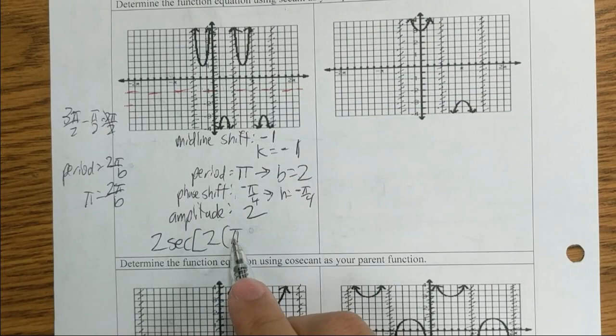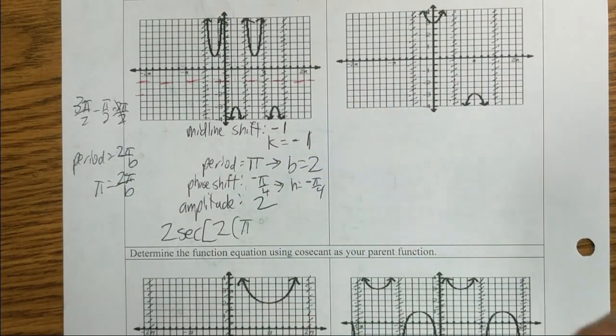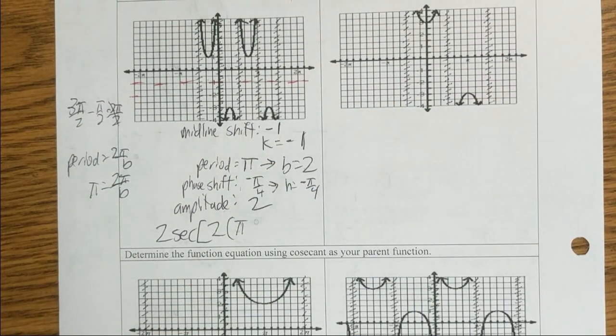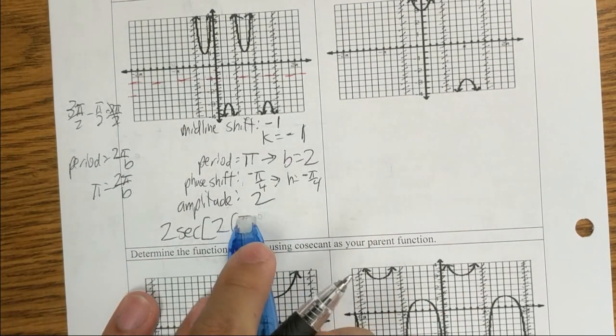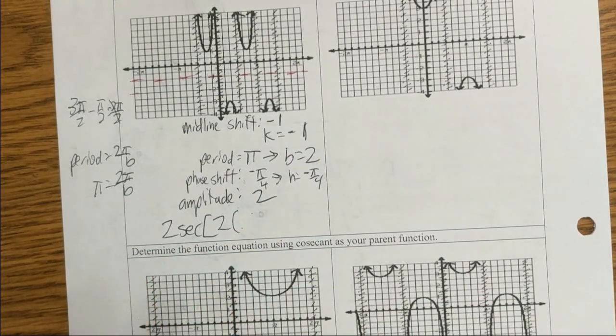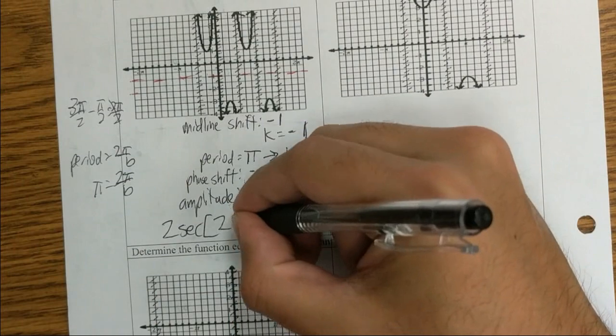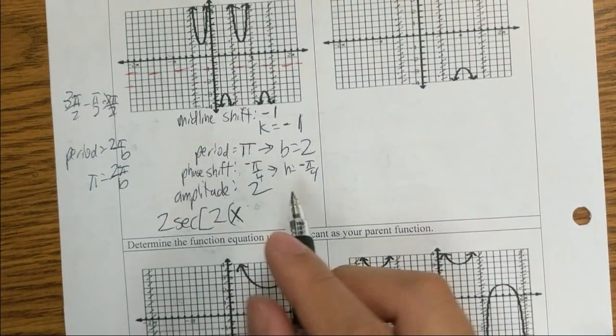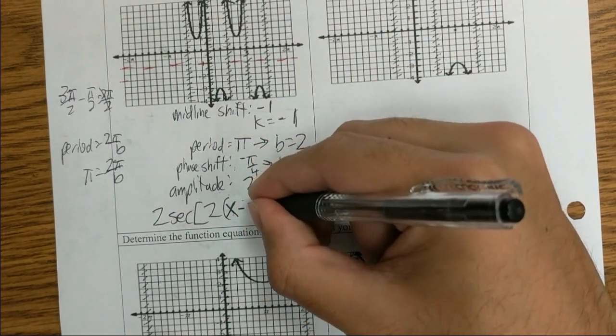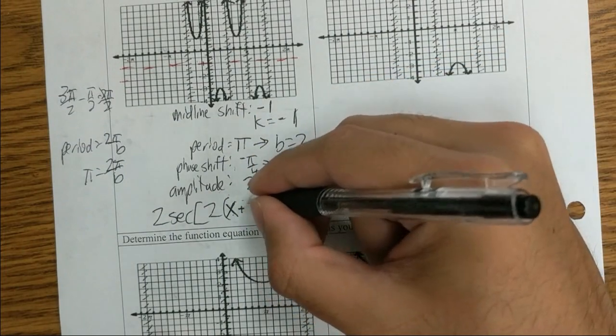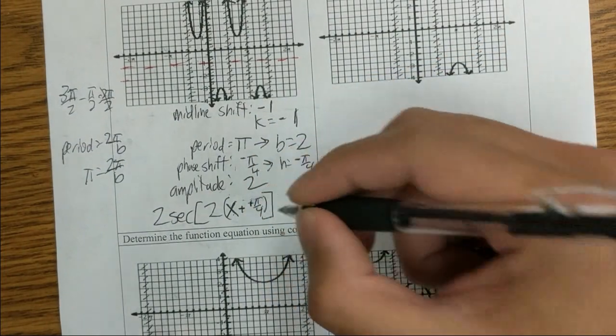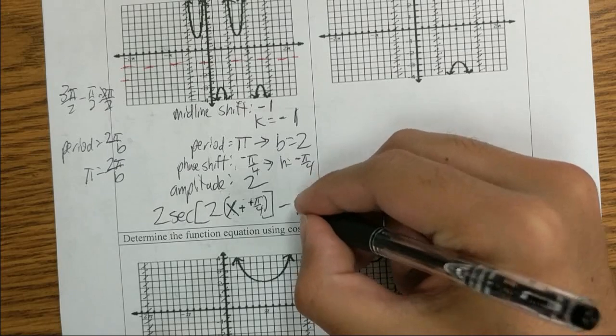Okay, so using our variable, it's x minus h, but h is negative pi over 4, so x minus negative pi over 4 becomes x plus pi over 4, and then midline shift.